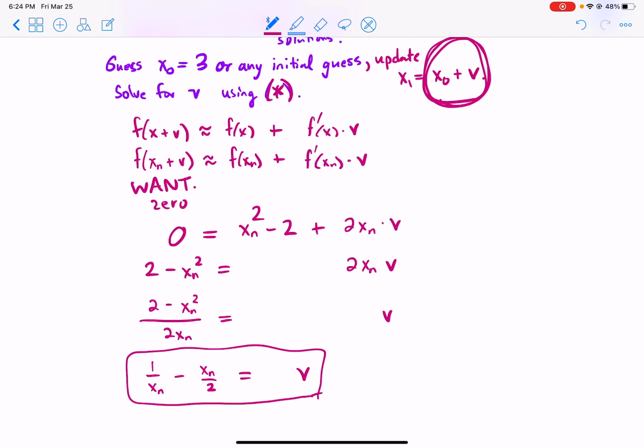So what I should do is compute xn plus 1, which should be xn plus my update. So that means we get xn plus, now what's v? 1 over xn minus xn over 2.